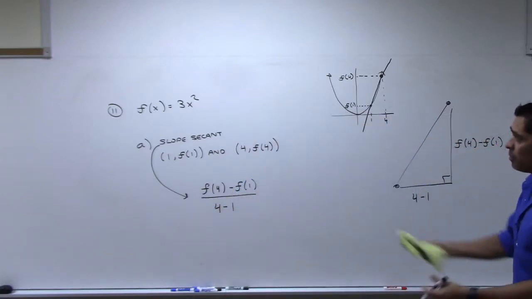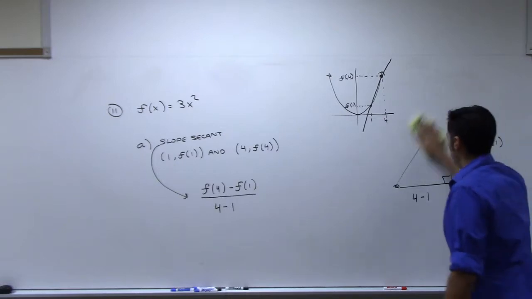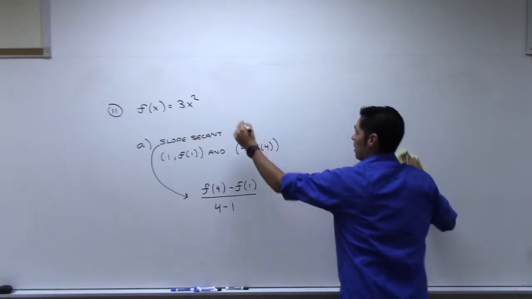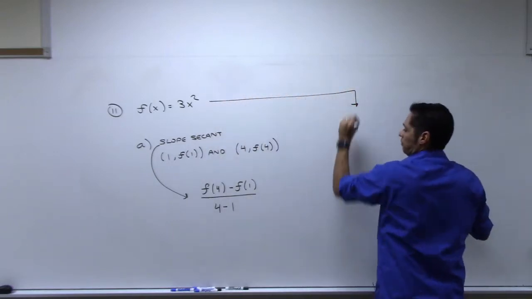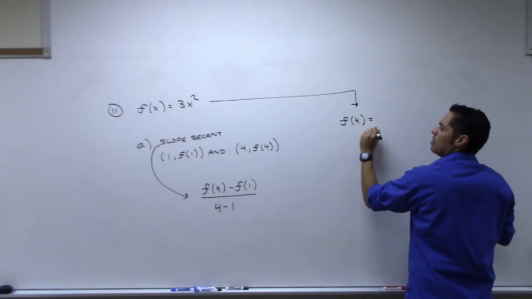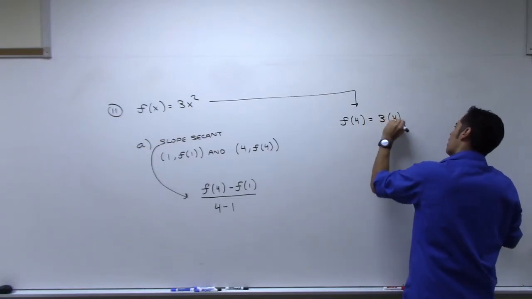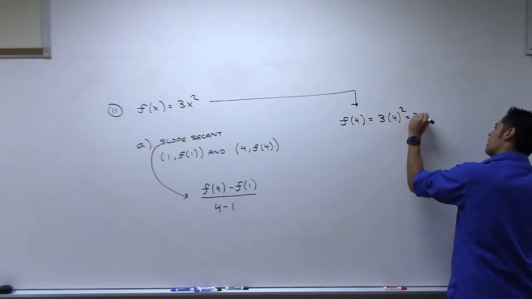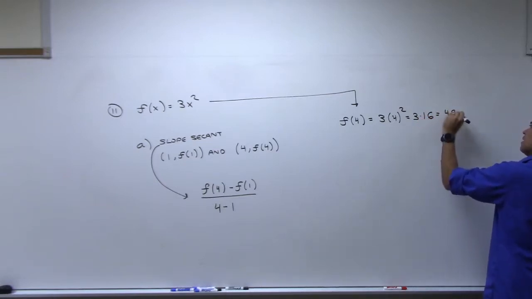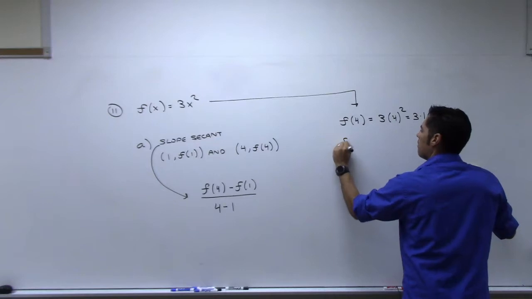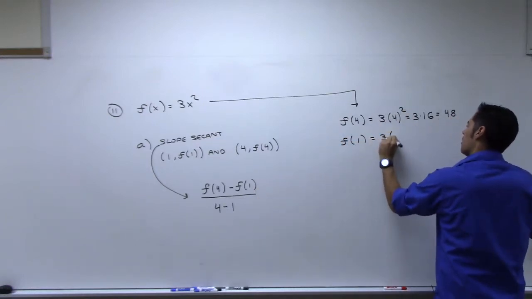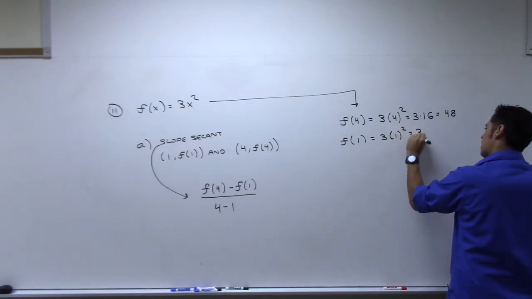All right, that's very similar to what we did in number 10, except now we have a different function. So we're going to be using this function here, computing f of 4, which is going to be 3 times 4 squared, which is 3 times 16, which is 48. And then f of 1 is this piece here, which is 3 times 1 squared, which is just 3.